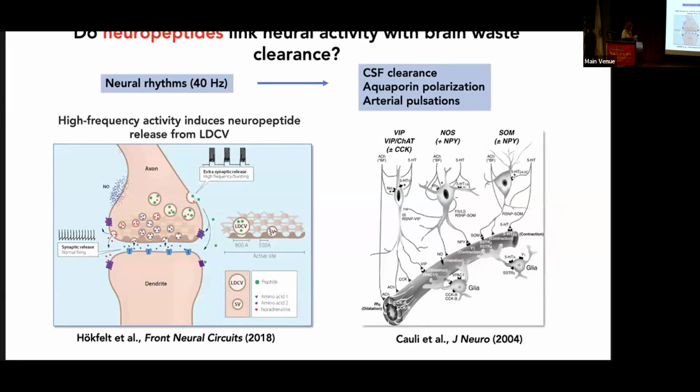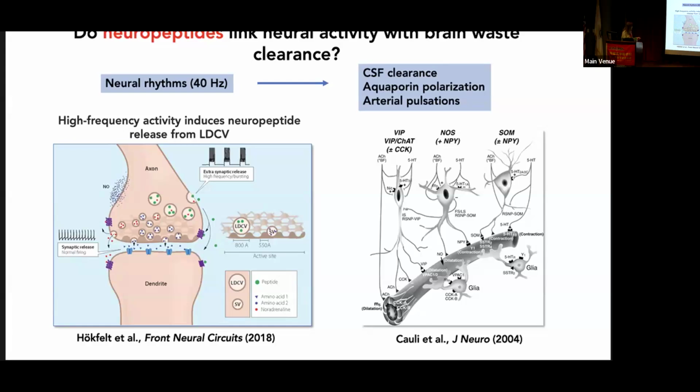So I want to show you a piece of biology in terms of synaptic release of neurotransmitters or neuropeptides. Neurotransmitters are stored and released by synaptic vesicles, and their release can be triggered by neuronal firing, but it really doesn't matter what kind of neuronal firing, low frequency, high frequency, it really doesn't matter.